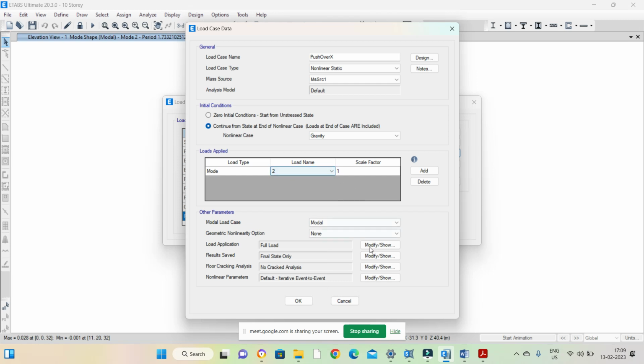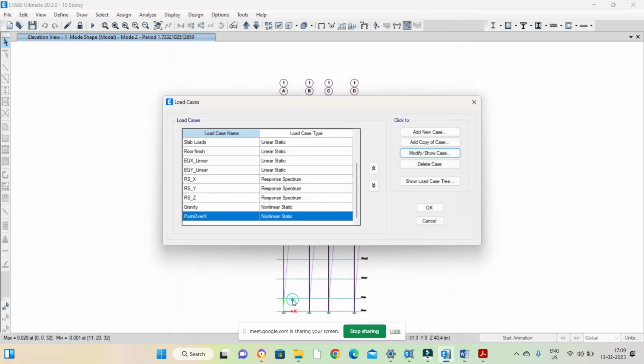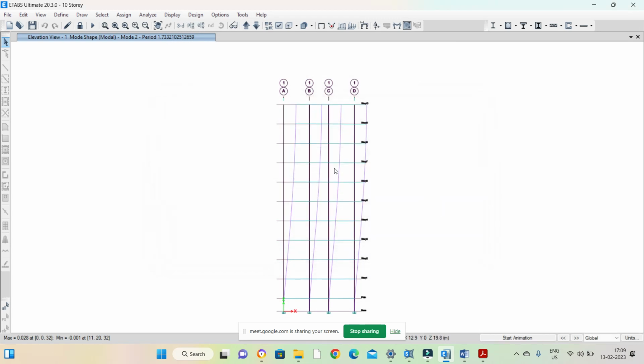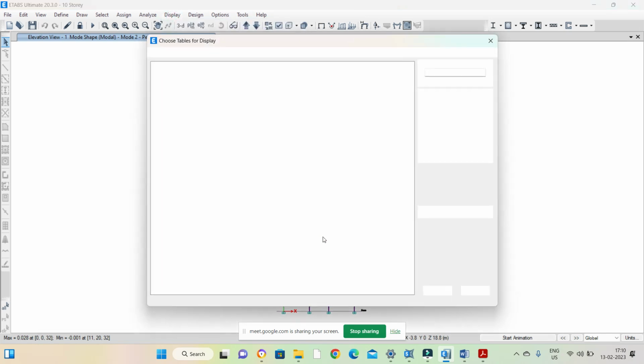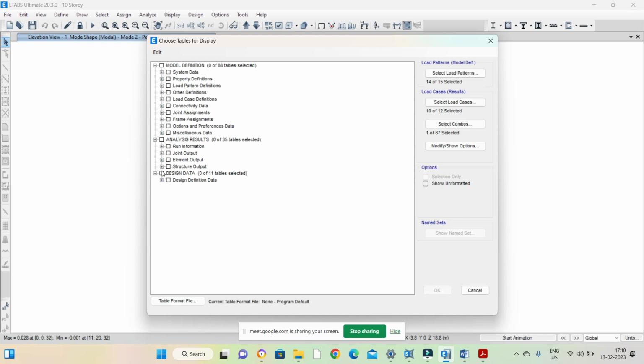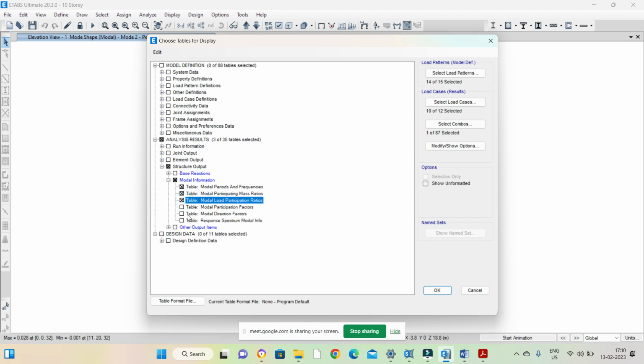I think you still have confusion, so let me go back to that again. See the direction here, this is x. I think you can also check from Display, Structure Output, Modal Information. You can check here the mode participation.